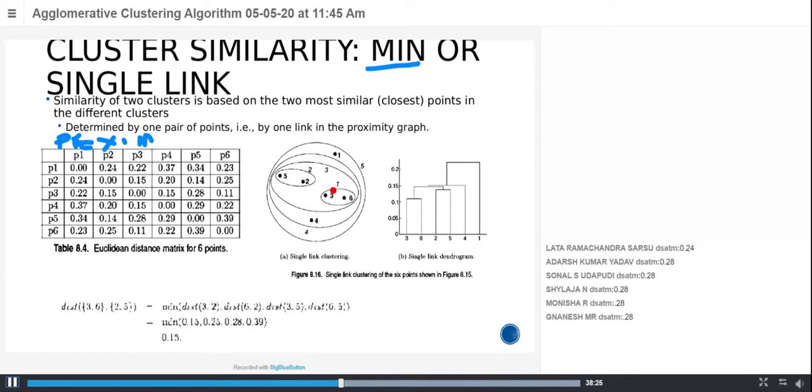What is the distance between P3 and P6? This is 0.11. Is there any other value that is lesser than 0.11? Is there any value in our proximity matrix which is lesser than 0.11?